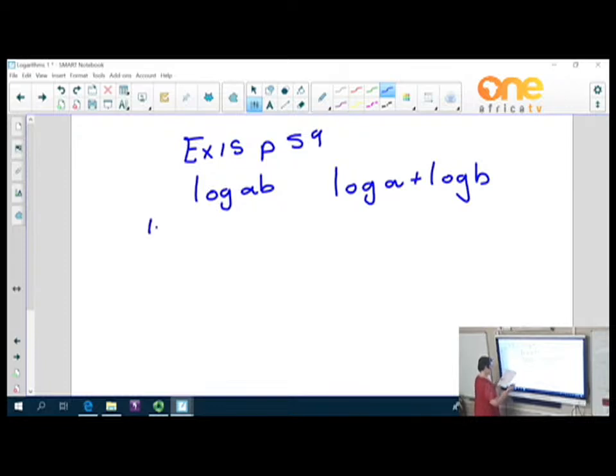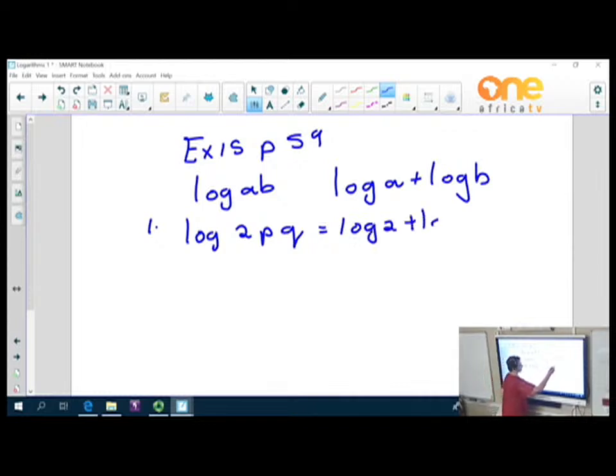Right, so the first one is log 2PQ, which is log 2 plus log P plus log Q. If I multiply, I add.